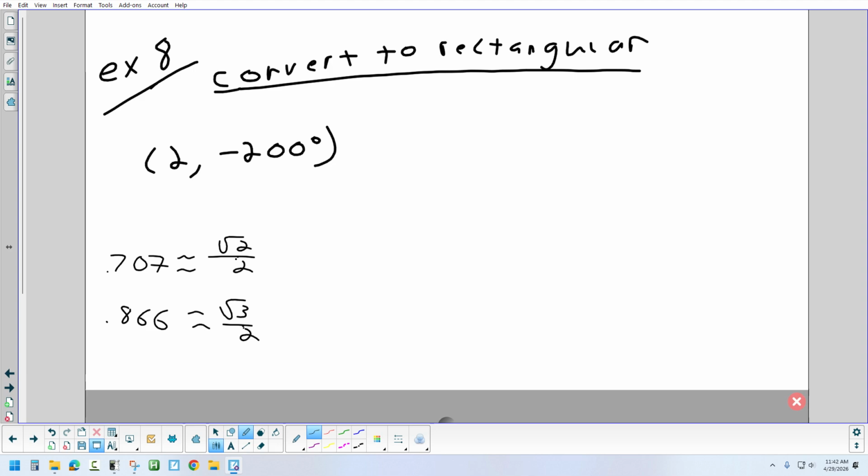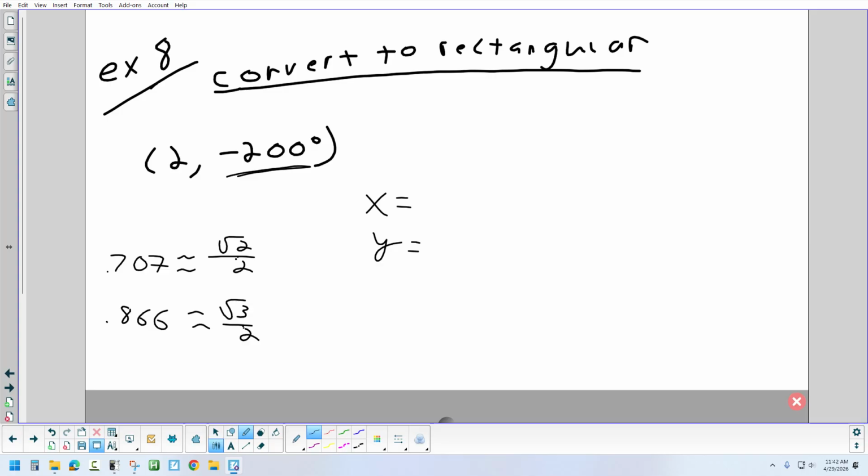Is 200 a multiple of 30? No. Is it a multiple of 45? If you divide 200 by 45, no. So in this problem you're not going to see either of these two numbers. Okay, so let's find our values. What's the formula for x?